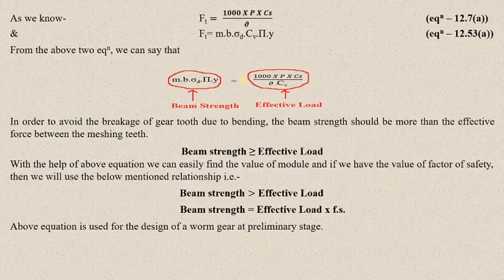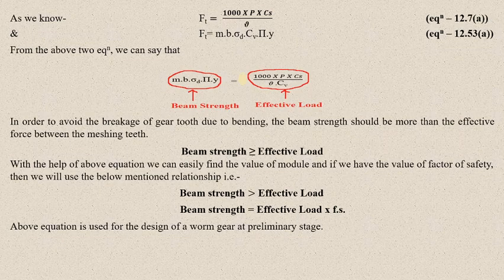As we know that Ft is equal to 1000 into P, that is power transmitted, into service factor upon pitch line velocity. It is given in equation number 12.7a. Also we have the value of Ft in terms of Lewis equation, that is m b sigma d Cv pi Y. Here the significance of sigma d is equivalent to endurance limit stress.